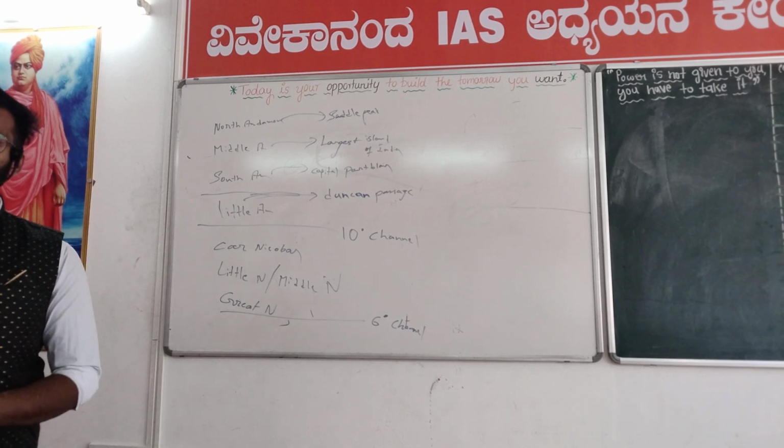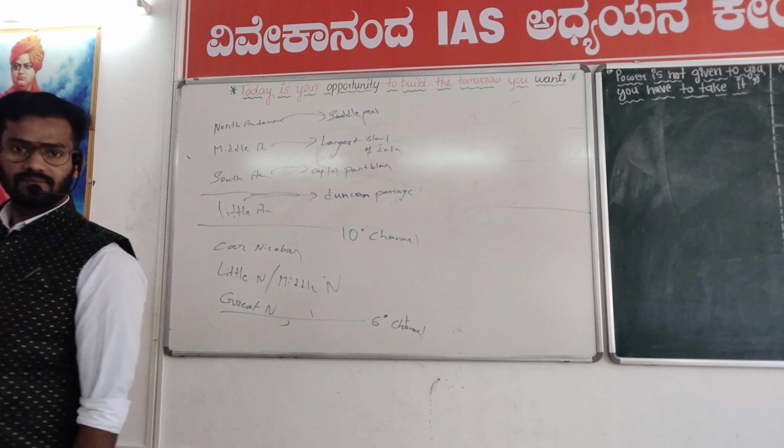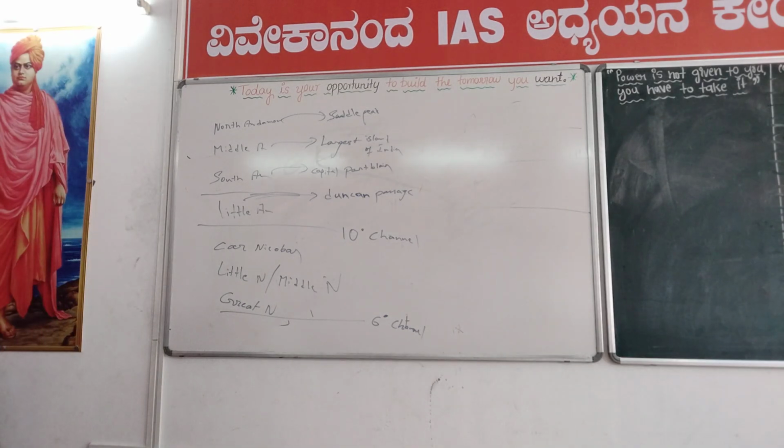And another one in Gujarat, Ankleshwar. Ankleshwar, second oil reserve, onshore. It is renamed as Vasudhara. This is Ankleshwar's old name. Renamed as Vasudhara reserve.